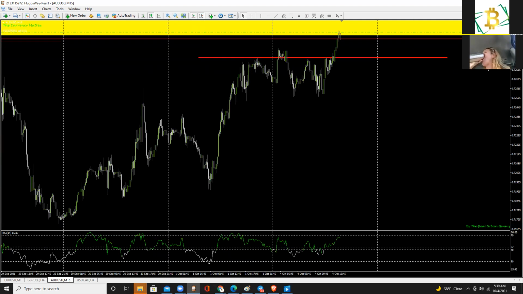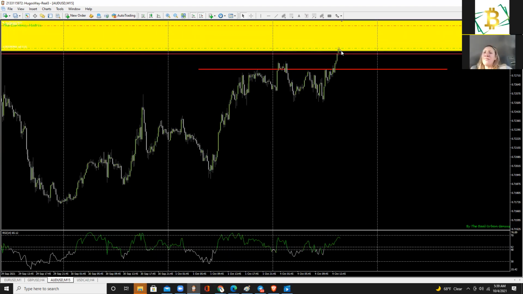As you see here, with price being at its peak, I don't have to worry too much about my stop loss even being close to being broken, because I'm at a peak position on the high of the day. So that is exactly why I've pulled the trigger here on Aussie USD.